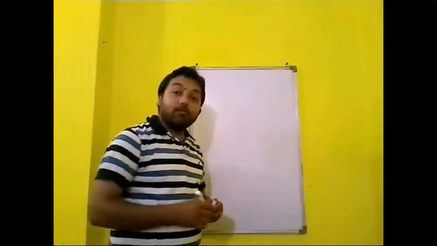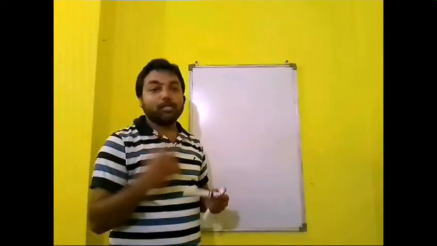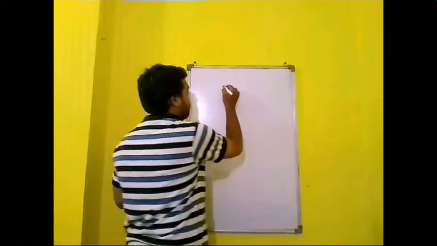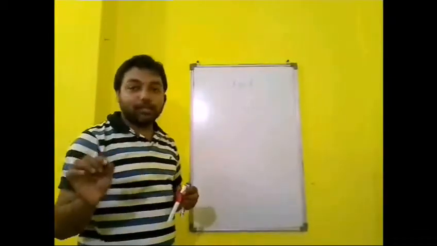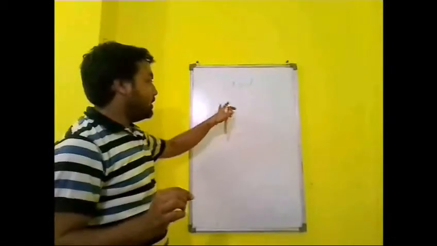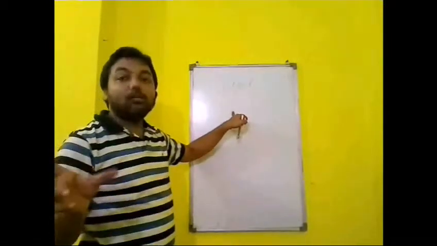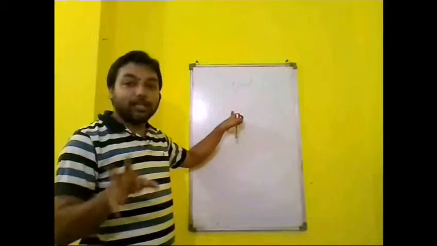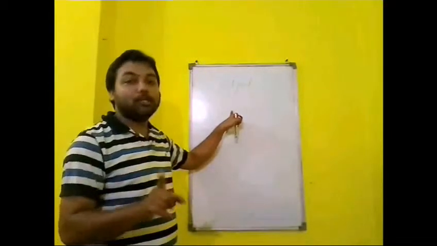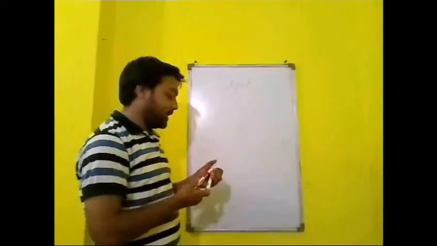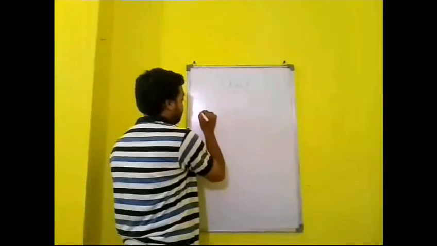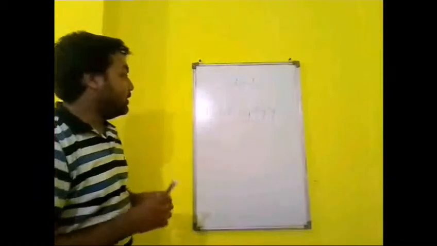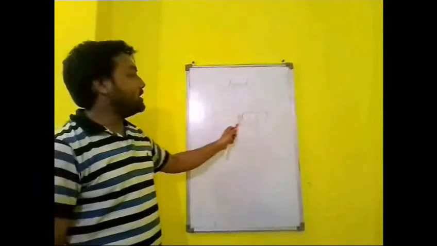Next we want to learn about object. What is an object? An object is a word which tells what the verb does, which tells about the work of the verb. For example, Rahul is playing football.